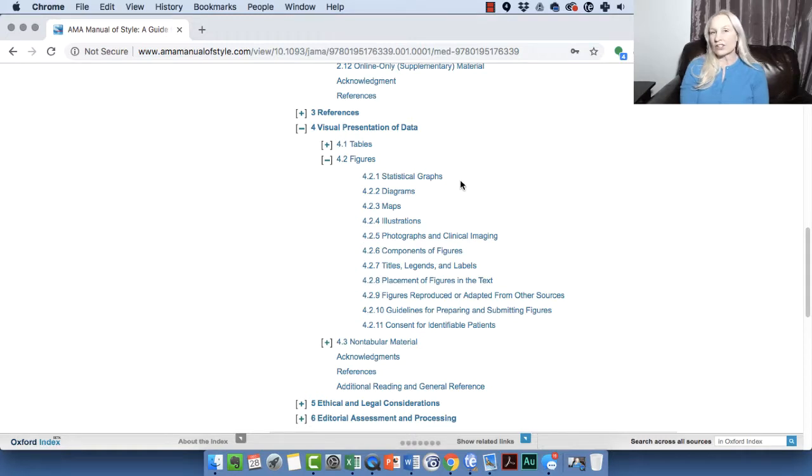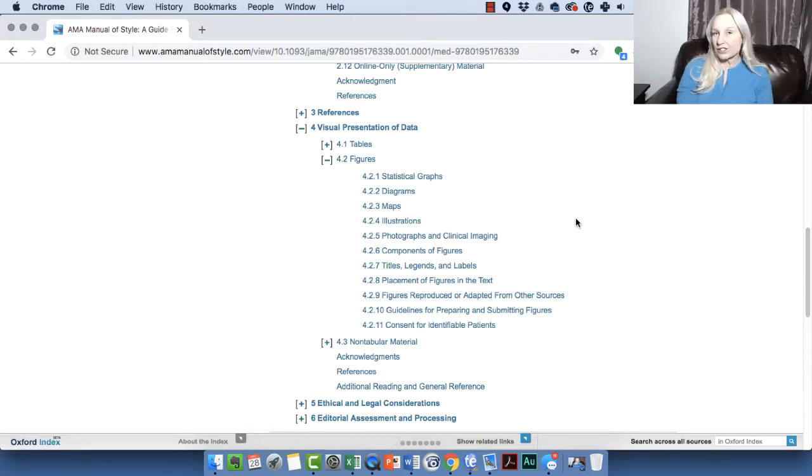First of all, this section is broken out into several categories, and these are as follows. I'll just go through them really quickly. We have statistical graphs, diagrams, maps, illustrations, photographs and clinical imaging, components of figures, titles, legends, and labels, placement of figures in the text, figures reproduced or adapted from other sources, and guidelines for preparing and submitting figures, and finally, consent for identifiable patients.